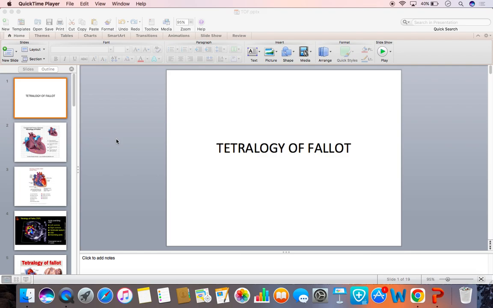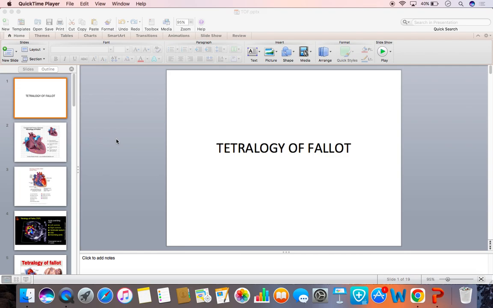Coming to the pathophysiology. Severity of the tetralogy of Fallot, as I told already, depends upon the degree of pulmonary stenosis. Venous return occurs to the right atrium from superior and inferior vena cava as usual, and blood flows from the right atrium into the right ventricle.